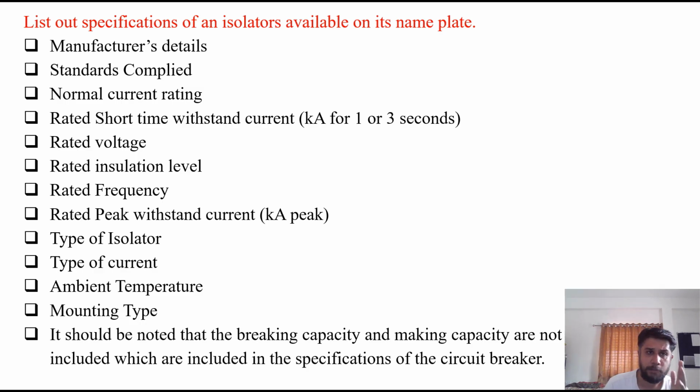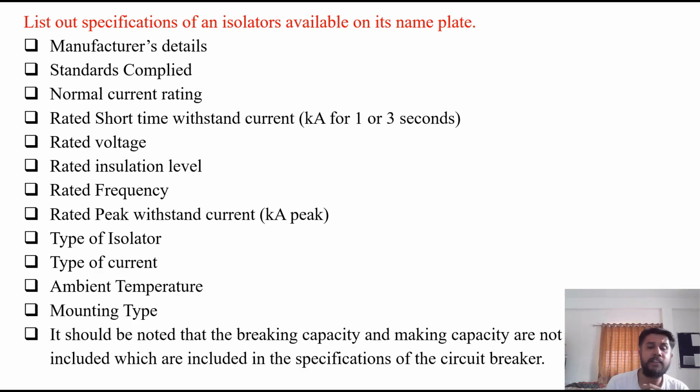Some are manufacturer's details, standards complied, normal current rating, rated short time withstand current, that is in kiloampere for 1 or 3 seconds, rated voltage, rated insulation level, rated frequency, rated peak withstand current, that is in kiloampere peak, type of isolator, type of current, ambient temperature, mounting type, whether for indoor or outdoor.